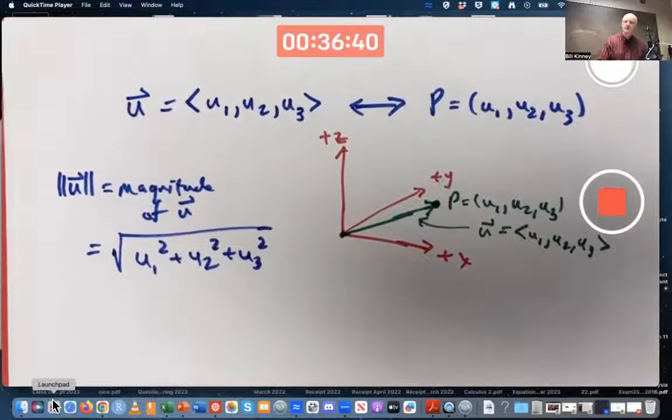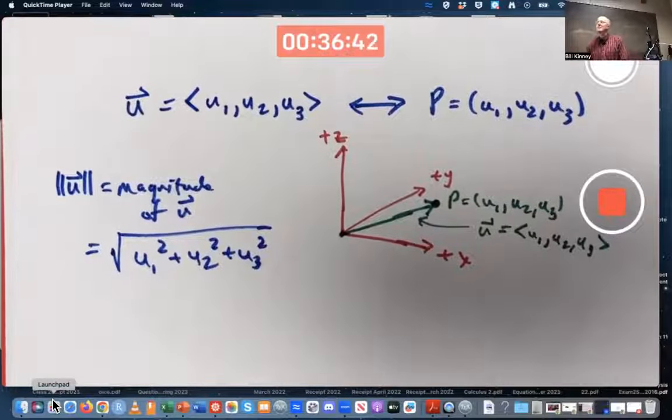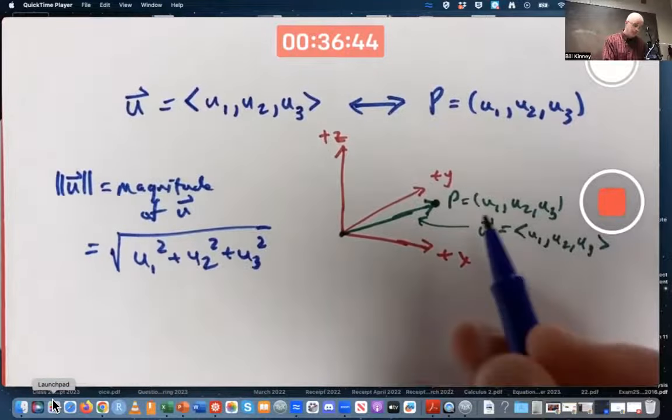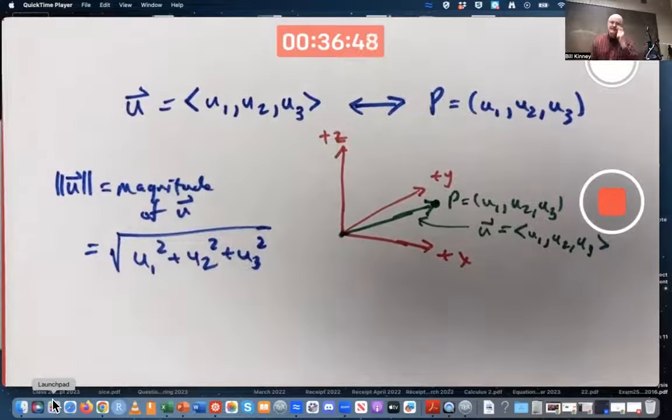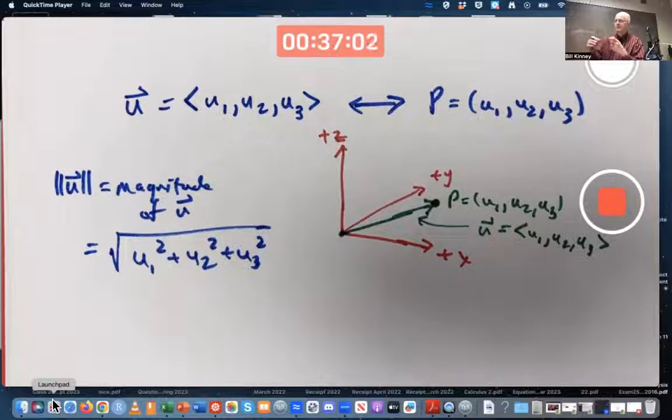It's essentially the distance formula. But now we're not thinking of it as the distance between the point P and the origin, even though that is what it is. We're thinking of it as being the length of the arrow. And it's still the length of the arrow, even if I move the arrow around, because it stays the same length. It's a rigid kind of motion here. You can move the arrow, don't change its length, don't change its direction. Just move it in a rigid way.